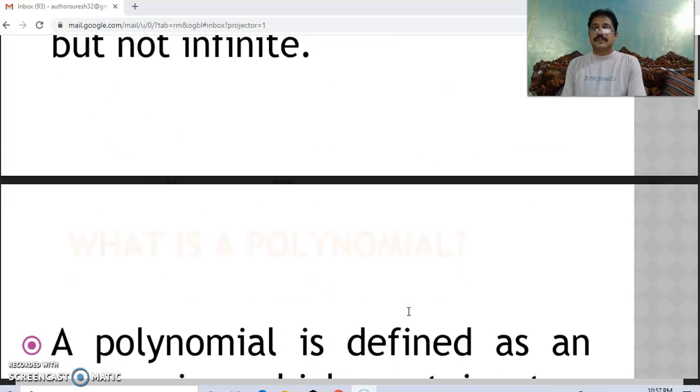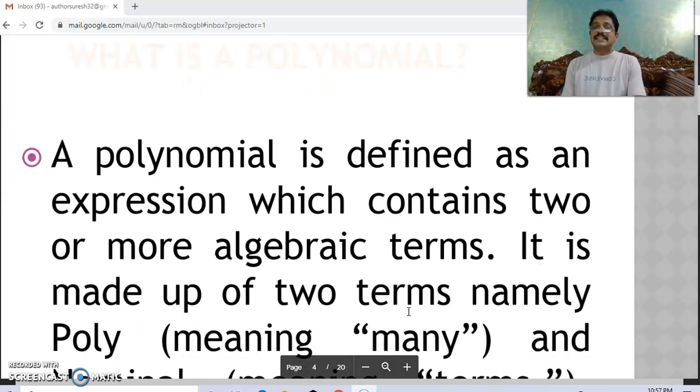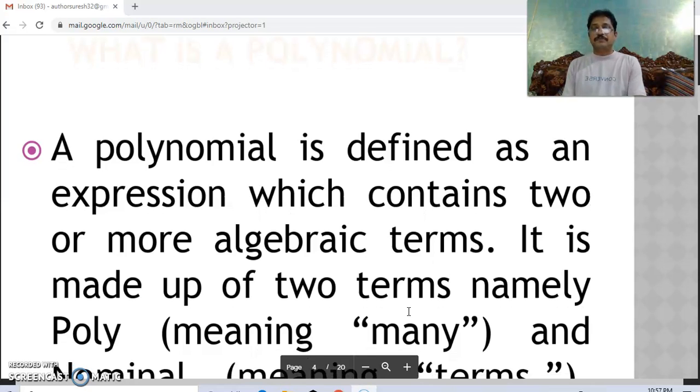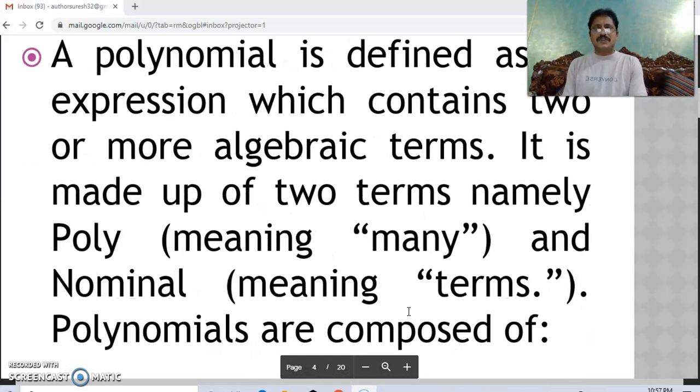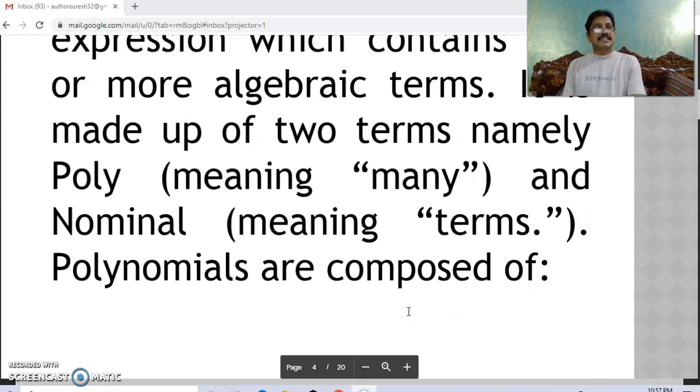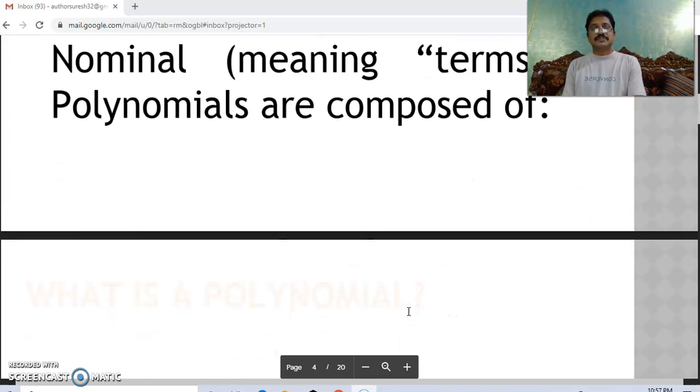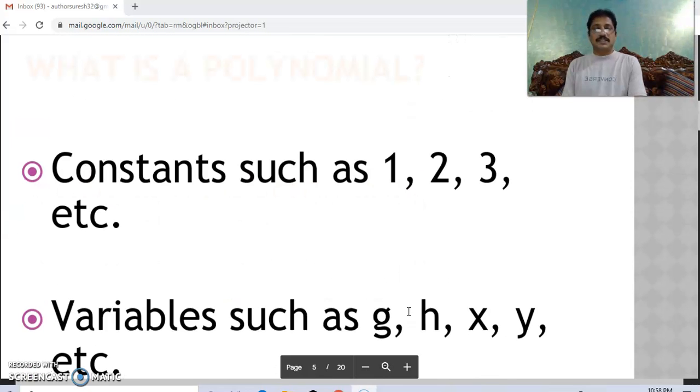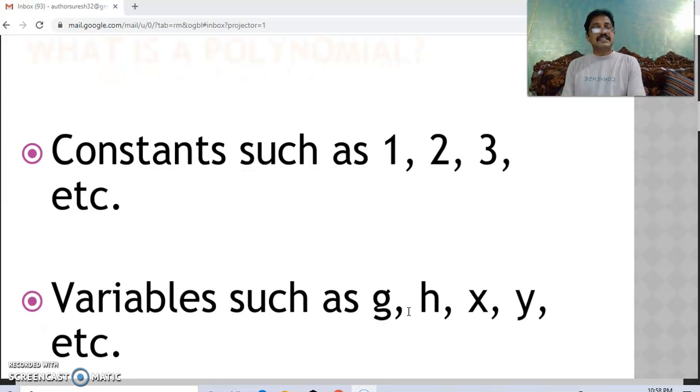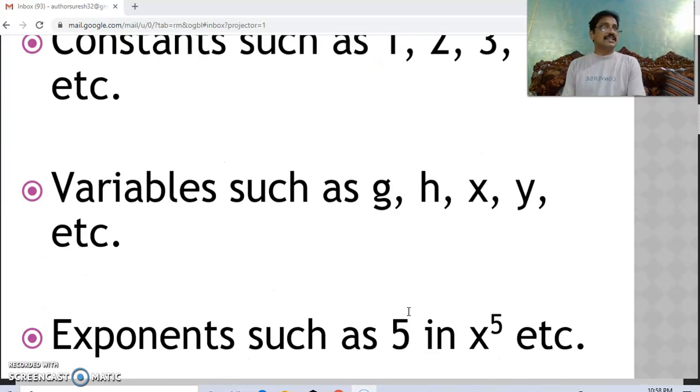Okay. So a polynomial is defined as two or more algebraic terms. It is made up of two words, namely poly and nomial. A polynomial is composed of constants such as 1, 2, 3, which are numerals, variables such as g, h, x, y, etc. Especially in this chapter, x, y, z are used as variables. a, b, c, d are sometimes used as constants also.